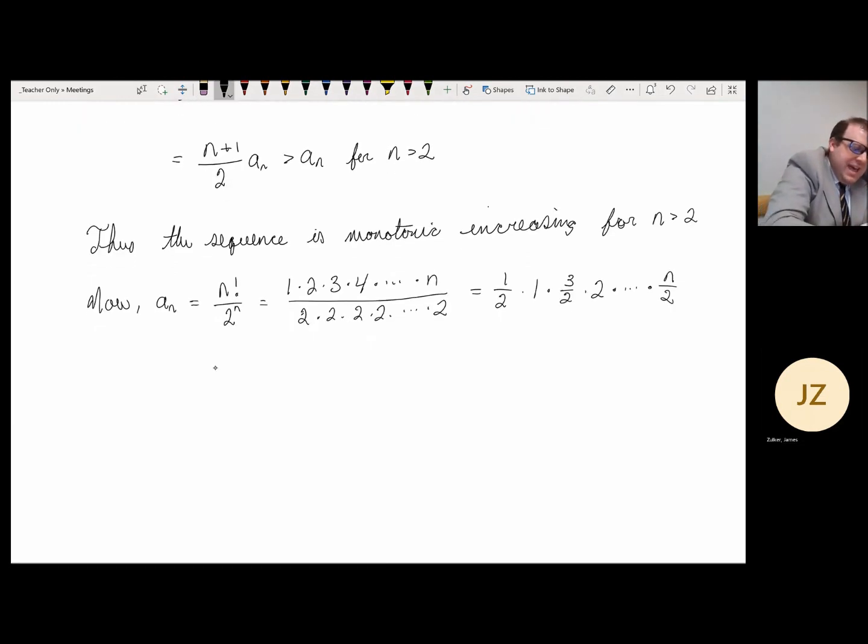Well, isn't that greater than n over 2. Actually, I think I can go even lower. I think I can do greater than or equal to 3. Can I? No, I can't. Because that'll be 3/4. Yeah, it has to be greater than 4.